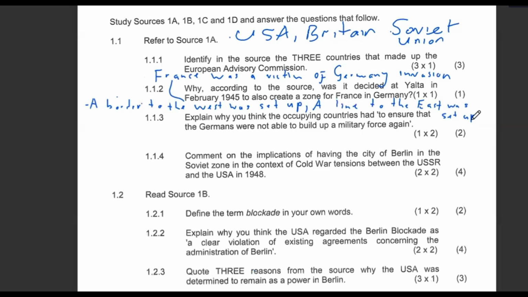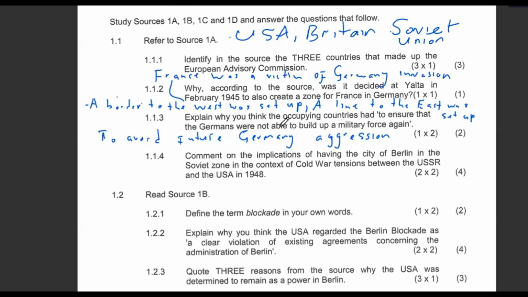Explain why you think the occupying countries had to ensure that the Germans were not able to build up a military force again.